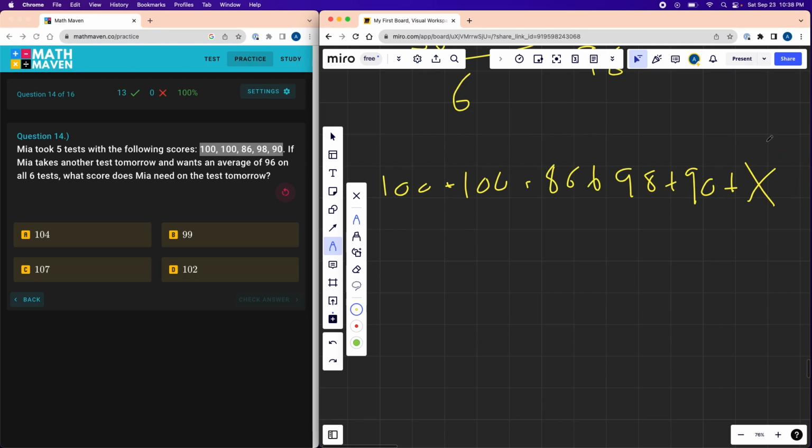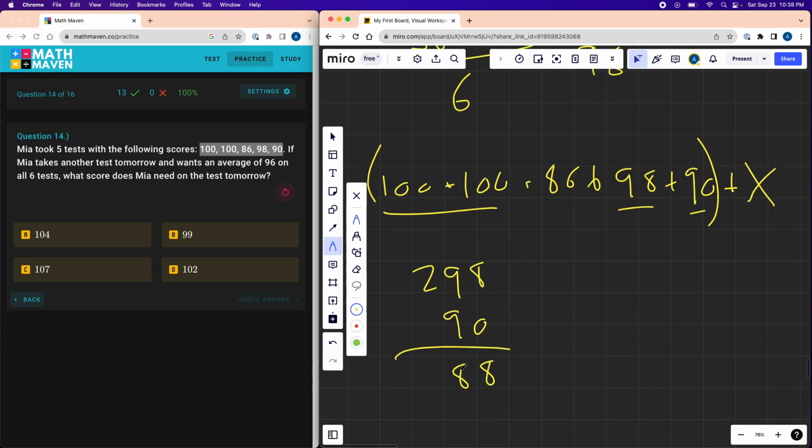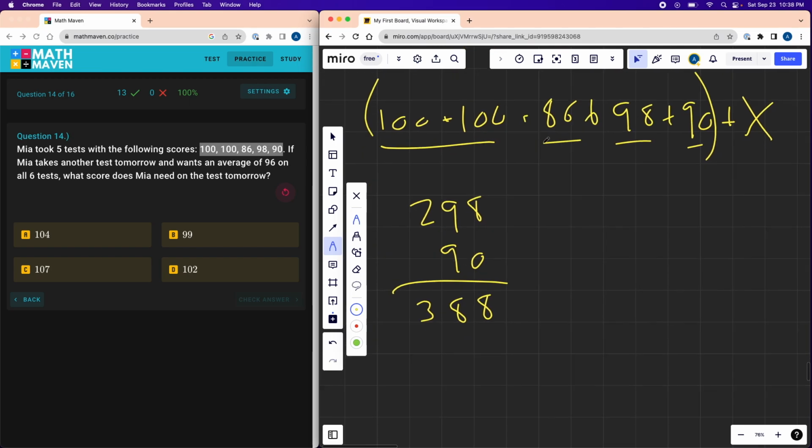All right, so first thing, we should probably simplify all of these here. So let's see, 100 plus 100, that's going to be 200. Let's go with the 98 right now, so it'll be 298. Let's add in the 90 after that. That'll be an 8, that'll be an 8, and that'll be a 3. And now let's add in that 86 here.